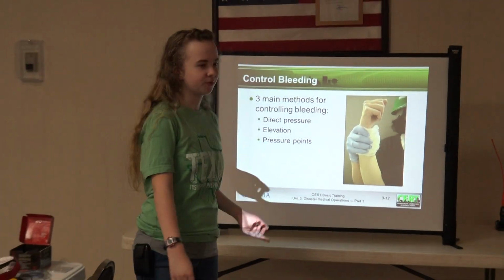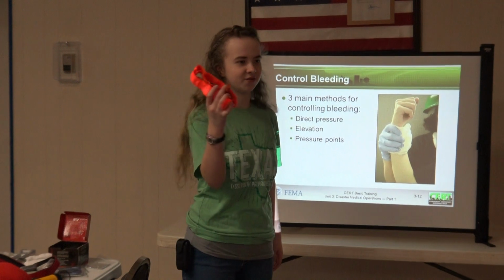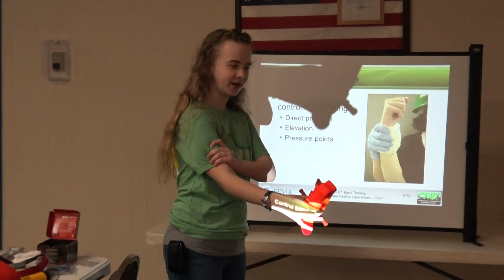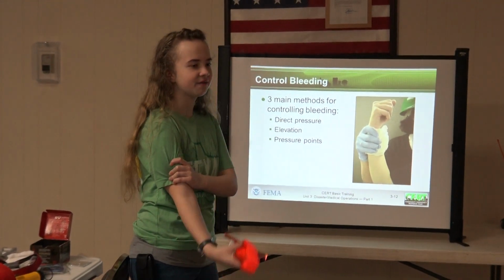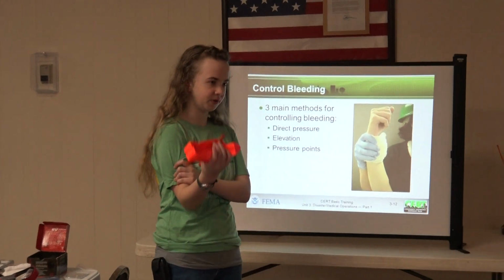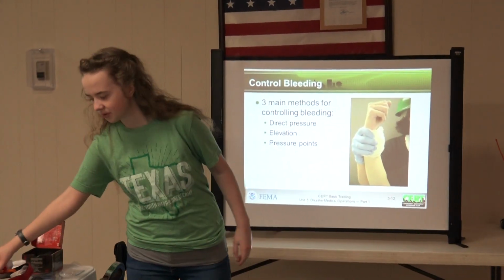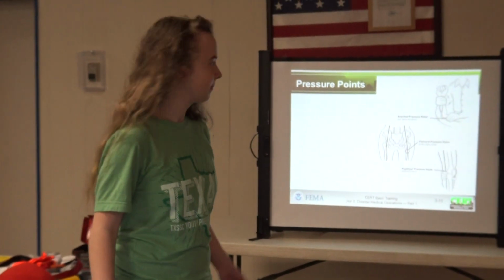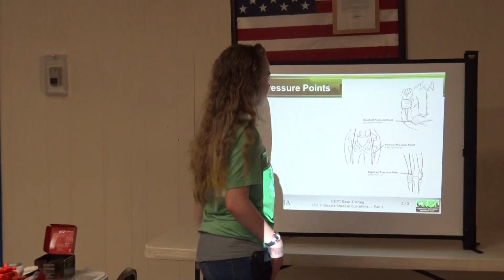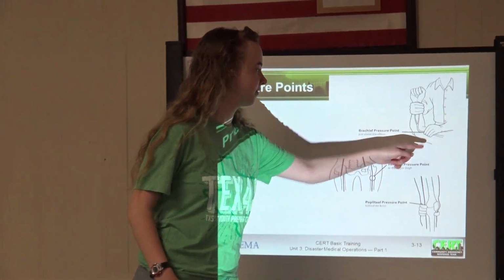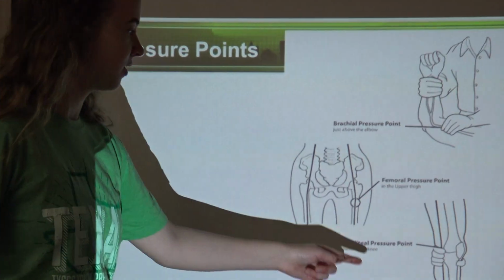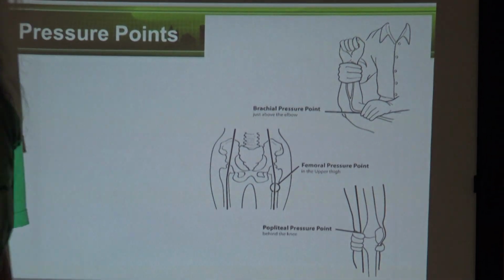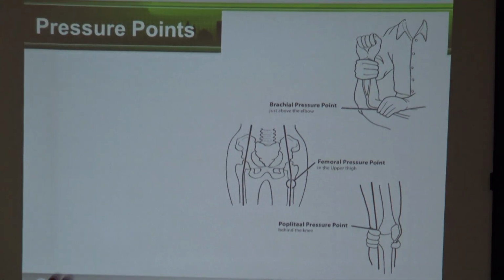And pressure points, that's what the tourniquets are for. The tourniquet will hold at the pressure point, and that restricts blood flow, and restricting blood flow is better than bleeding to death. And it's showing some pressure points here, and here are the main pressure points. And that's usually where people are bleeding.